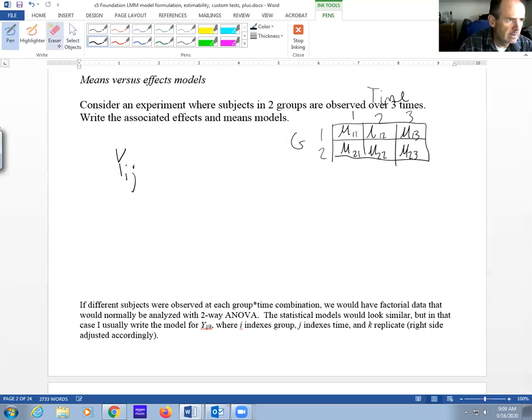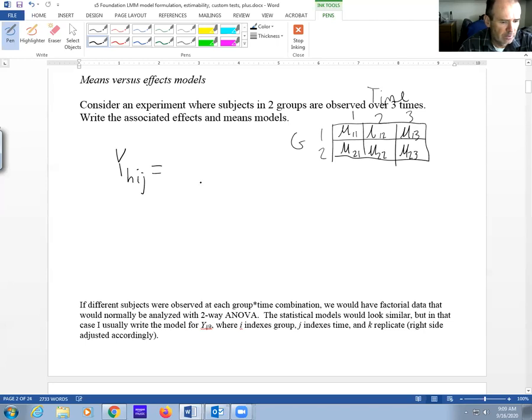But in this case, I'm going to add something because we have group as well that's kind of important. So we can go Y_hij, that's our outcome. I'm using indicators there for group, subject, and time, and those need to be represented on the right side as well.